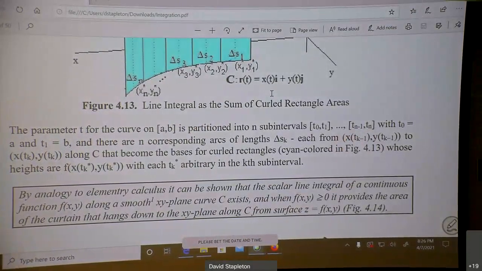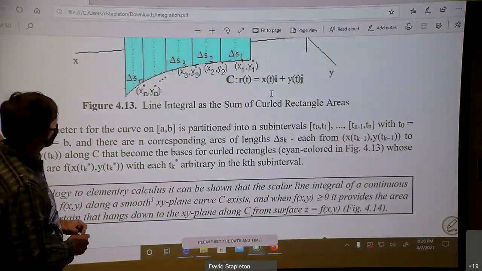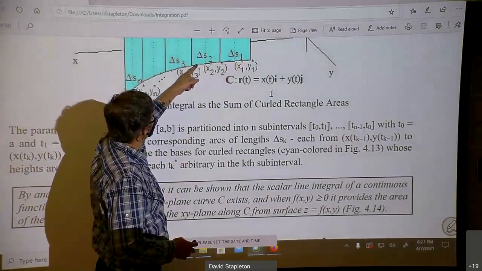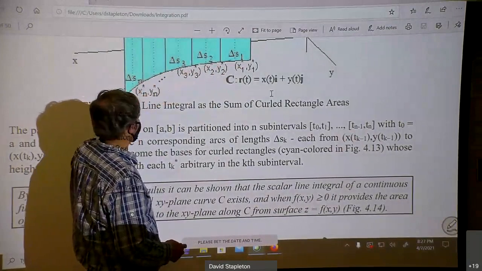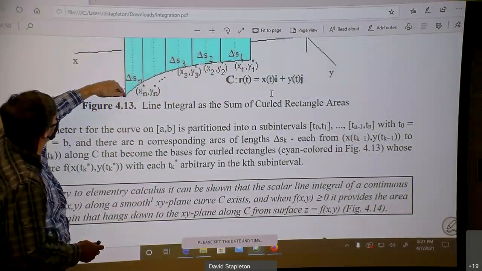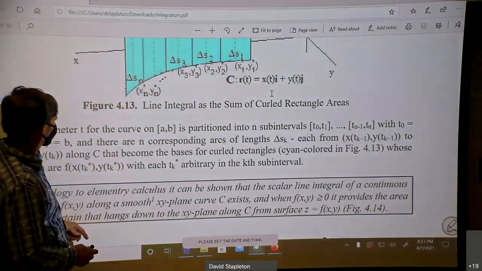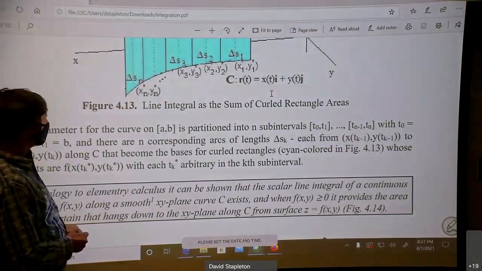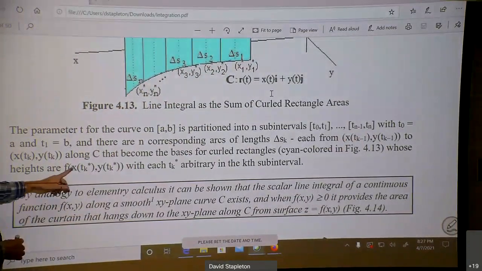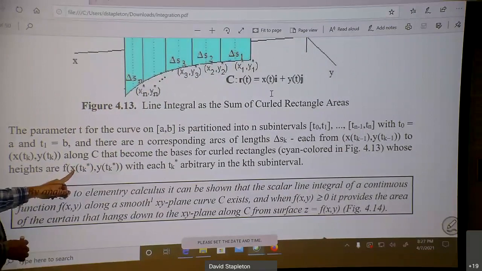Then there are n corresponding lengths of arc, right? Delta S1 is the length of this first arc, delta S2 is the length of the second arc, down to delta Sn. And if you want the area of the curled rectangle, you just take base times height. The height you can take at any intermediate point on the kth interval.